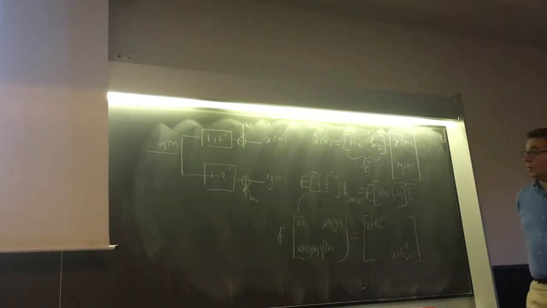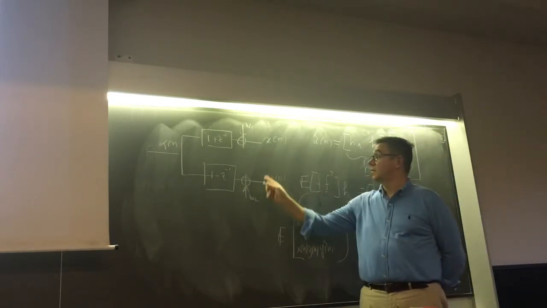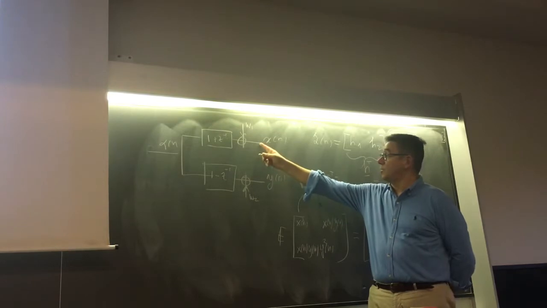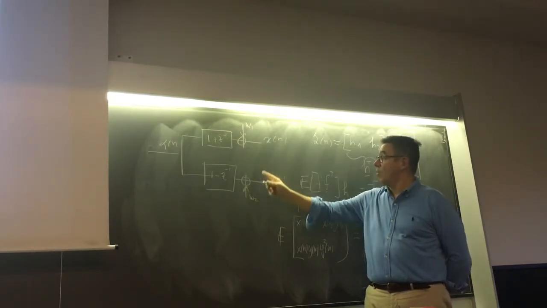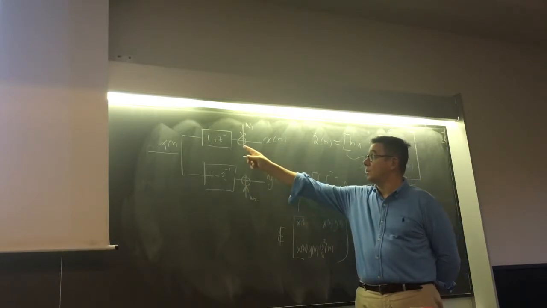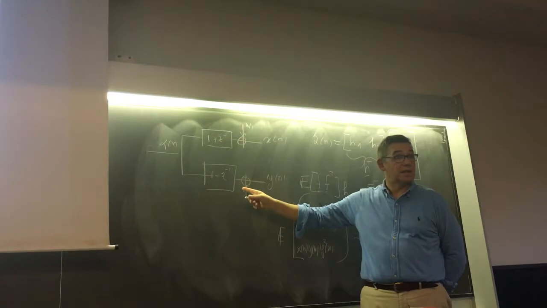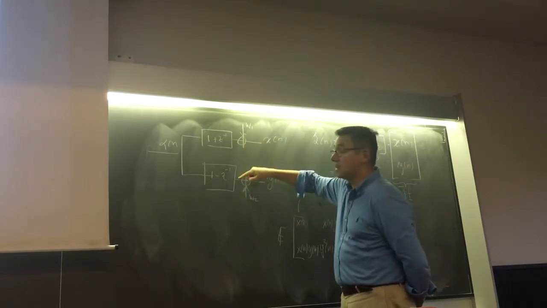And what is the cross correlation, the expectation of xn and yn? It's the expectation between these two guys, but w1 and w2 are statistically independent, so I calculate the expectation between this and that.